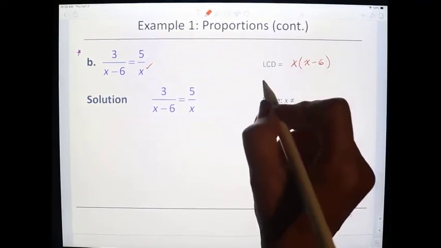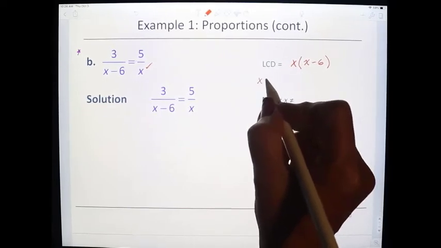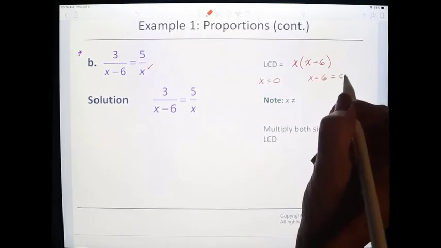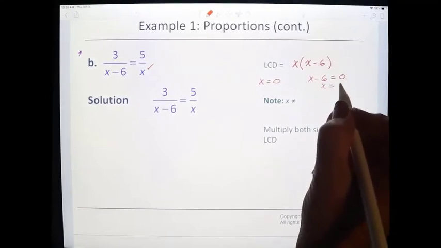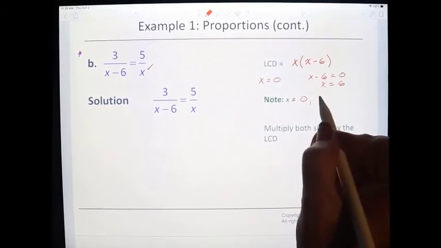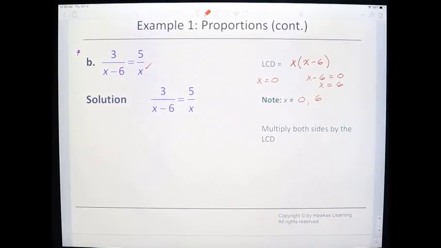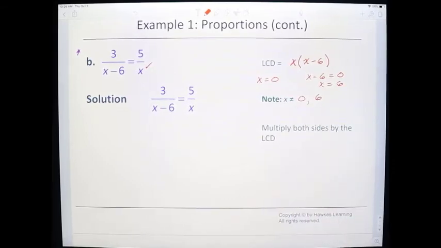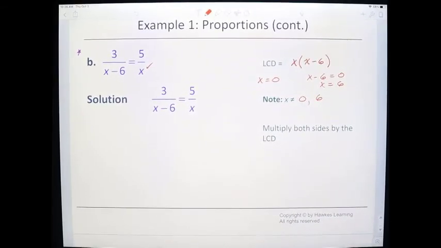If you recall, what we did was we took denominators and set them equal to 0 to see what the restrictions would be on the variable. So this variable has two restrictions. It can't be 0 and it cannot be 6. So if I work all this problem and come down here and get a 0 or 6, I'm going to need to toss that number out.